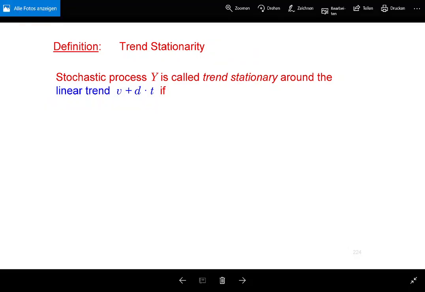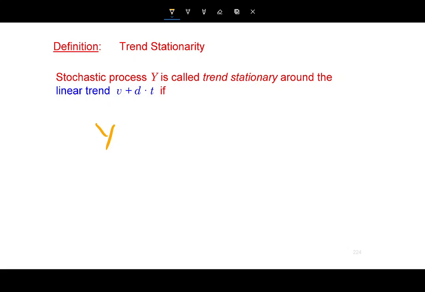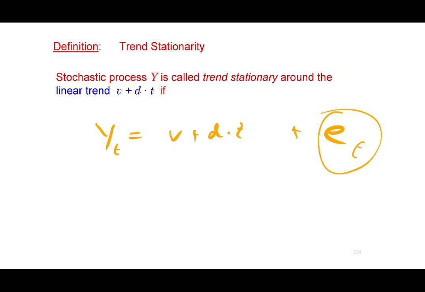If you consider the process to be like this, so if you have the linear trend, and then plus a stationary process, it's not necessarily a noise, so let me call it E. So E is a stationary process to which a linear trend is added.